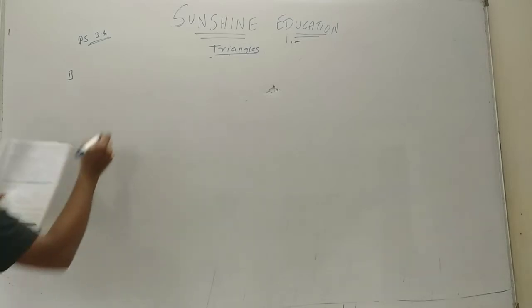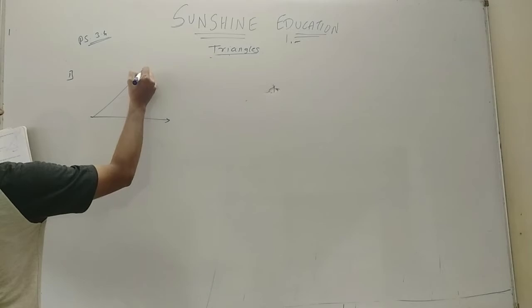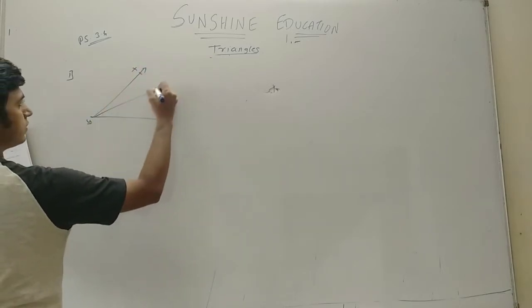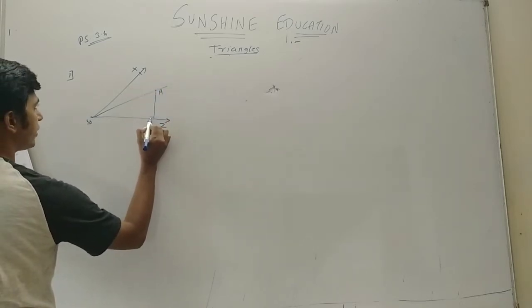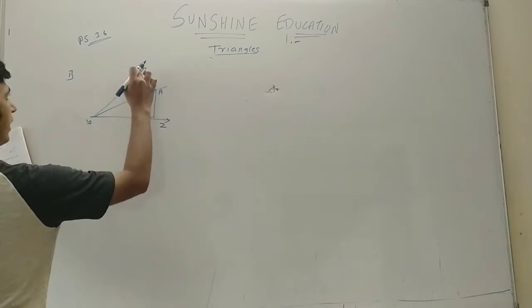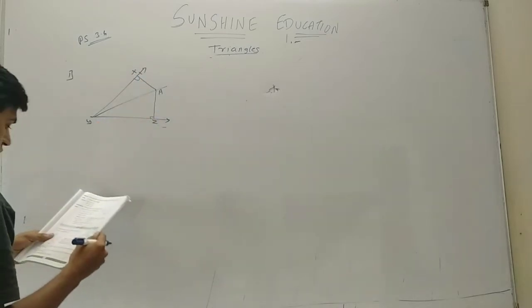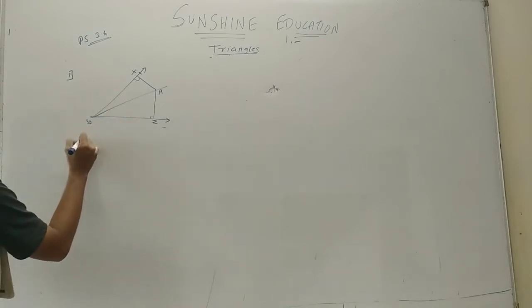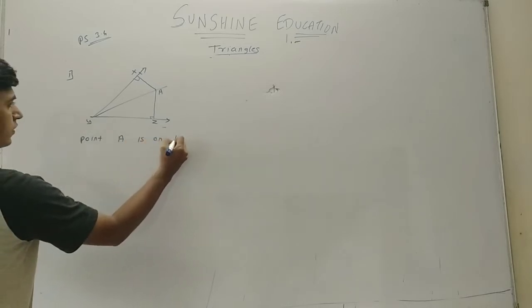So we have a diagram like this: x, y, z, and A. Here we have a perpendicular at x and at z.